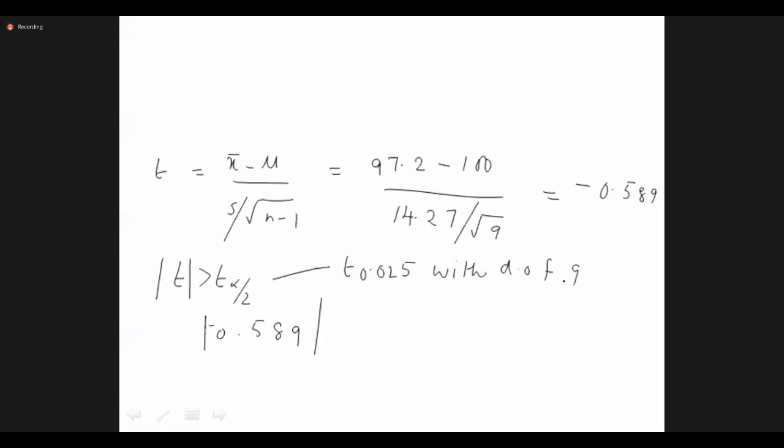It is approximately 2.26; earlier we have seen it. The mod t value is less than 2.26, it is not greater. If it is greater, we reject. So we will be accepting the null hypothesis.